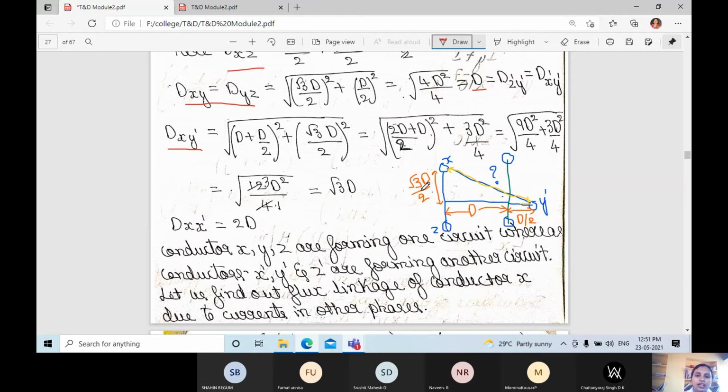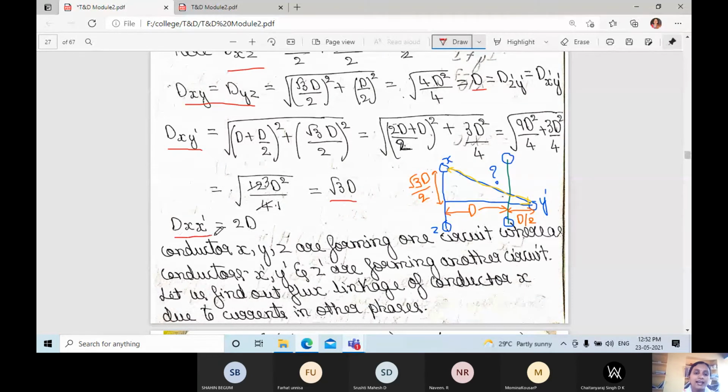We have divided: here square root of 3d divided by 2, here d, and again d by 2. So d plus d by 2. The total distance is d plus d by 2 whole square plus square root of 3 into d divided by 2 whole square. If you solve this, you will get square root of 3 into d. That is the distance between x and y dash.